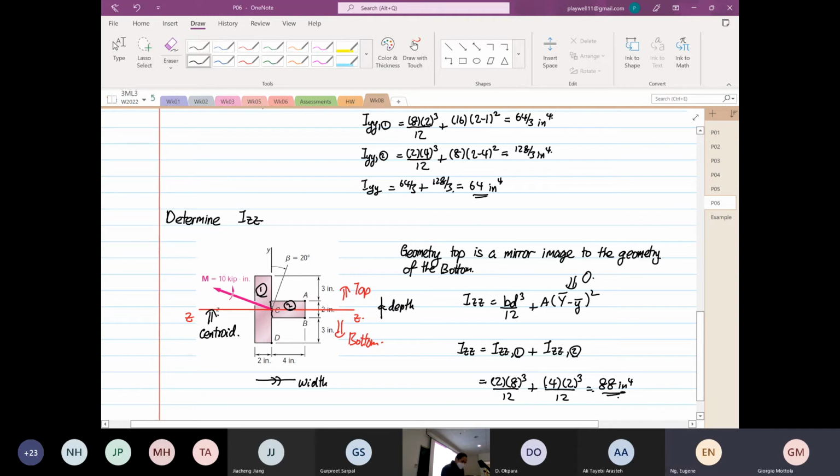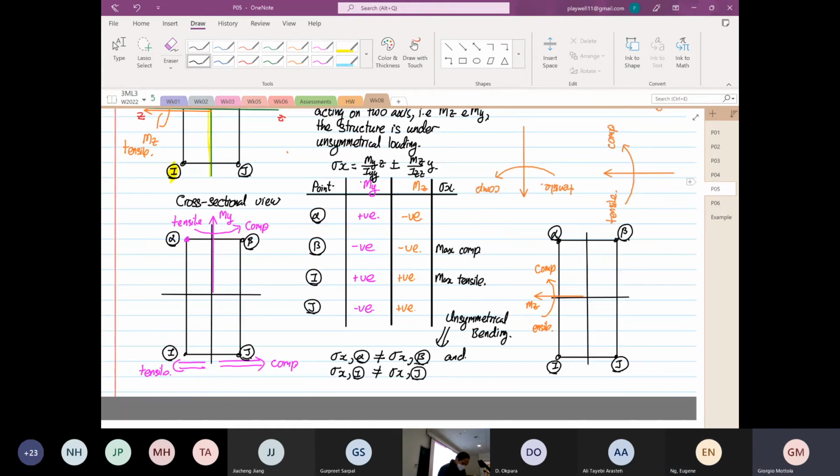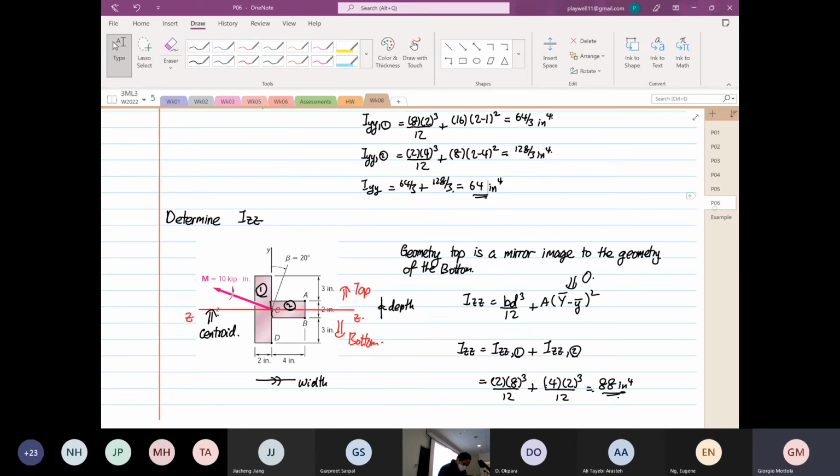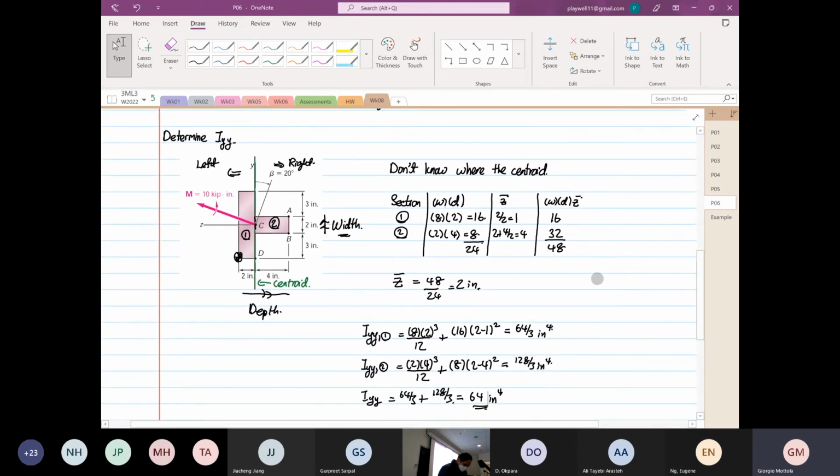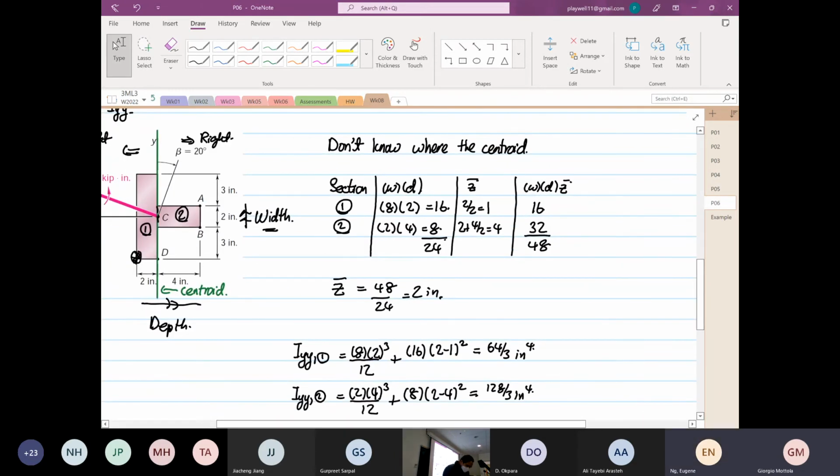Okay, we found our IYY and our IZZ. For section 2, why is Z2 plus 4 over 2? So 2 is here. 4 over 2 is this distance over here.